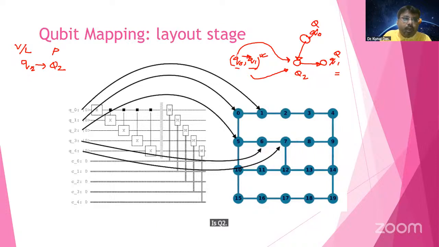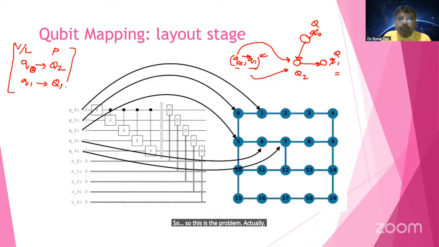Q1 is physically mapped with capital Q1. So this is the problem that remains in our question: how we actually map this logical program into a physical one.